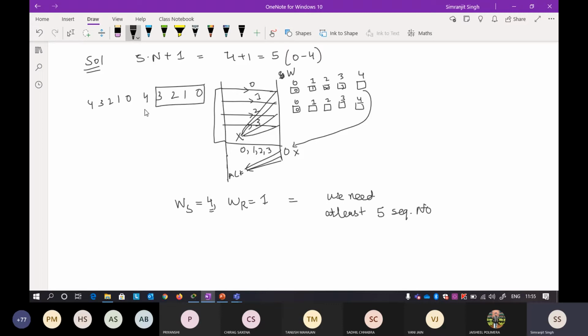If it does not lie inside the window, there will be no repetition. So if the timeout timer occurs, the same window will be repeated, and in that window this sequence number will not be there. By this I can recognize that my acknowledgement got lost, which is why the sender is sending me the same packet again.